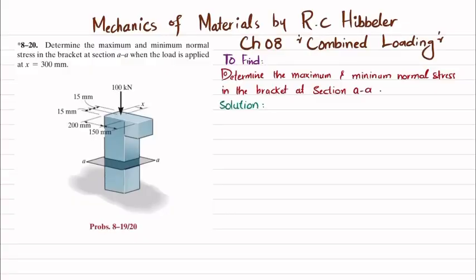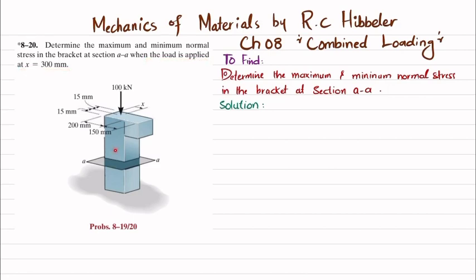Welcome back. Problem 8-20. This problem is taken from chapter number 8, combined loading, and the book name is Mechanics of Material by RC Hibbeler. So the statement is: determine the maximum and minimum normal stress in the bracket at section AA when load is applied at X is equal to 300 millimeter.